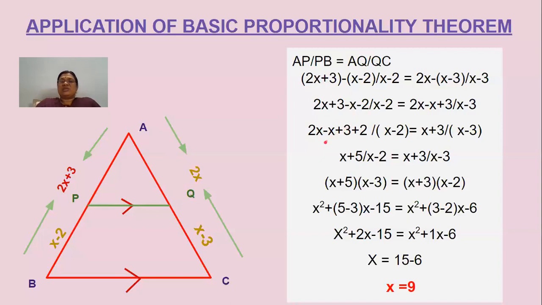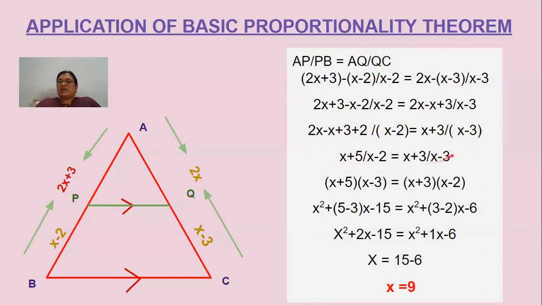So 2x minus x, and these two are numerals, 3 and 2. Here you'll get x plus 3 and here x minus 3. Again, you'll get 3 plus 2, that is 5. 2x minus x, that is x.